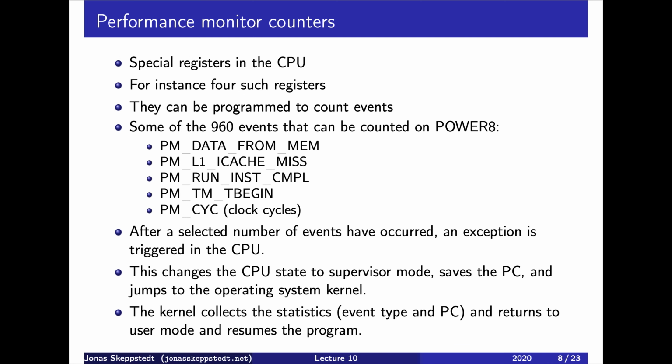So operf first. Modern CPUs have something called performance monitor counters, which is a relatively small set, such as 4 registers, that can be programmed to count how many times a certain event has happened.